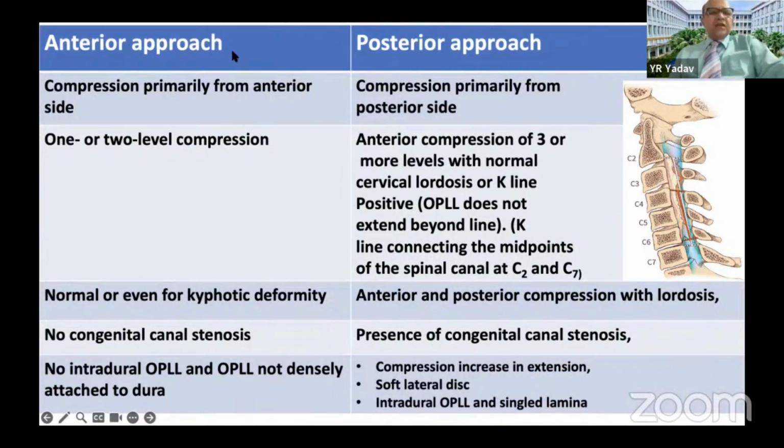Before that, if surgery is required, whether you should take an anterior approach or a posterior approach remains a question, because as you know, I have discussed that the pathology is at the disc, which is anterior to the cord or the root, and the pathology is also at the facet joints.